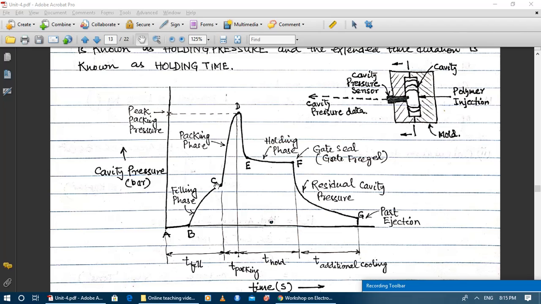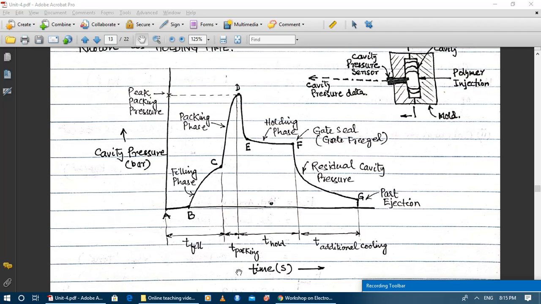And from C to D, this time duration is the packing time. You can see the packing time is very less, usually a fraction of a second, whereas the T hold is much larger. You need to wait till the gate is completely frozen. So the gate is going to seal at point F, so the holding time will end at point F.